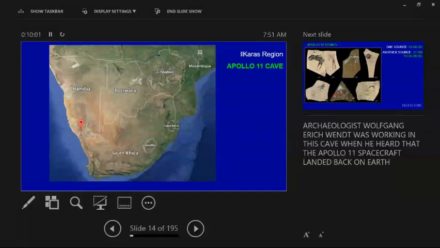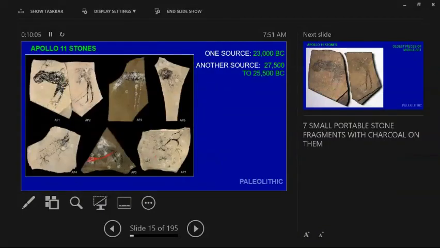So the first works of art in history come from Africa. And this is what they look like. These are the Apollo 11 stones.